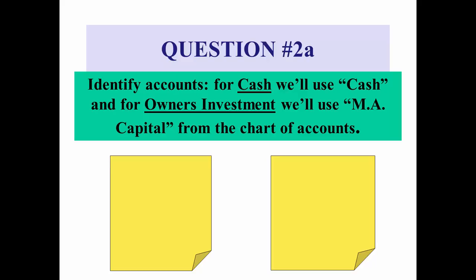Then we go back to question 1 and see that the give up is called owner's investment. Back in the chart of accounts, when we have owner's investment we use the capital account, M.A., comma, capital. So these are the 2 accounts we're going to use: cash for the receive and M.A. capital for the give up.